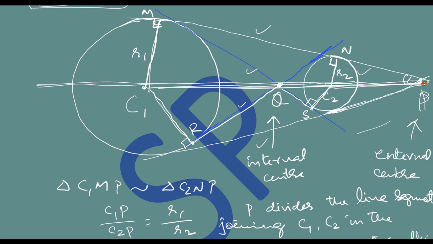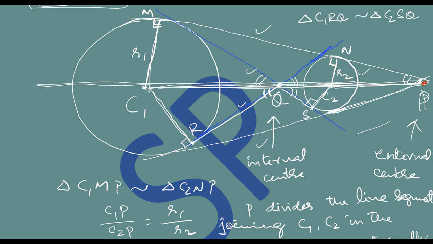It's easy to see because this angle is equal to this angle, and by symmetry of the diagram about the line C1P, this angle is the same as this angle, and vertically opposite angles are also equal. Therefore the triangle C1RQ and triangle C2SQ are similar.